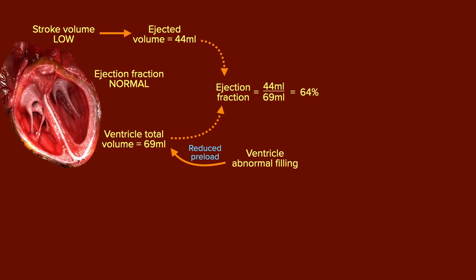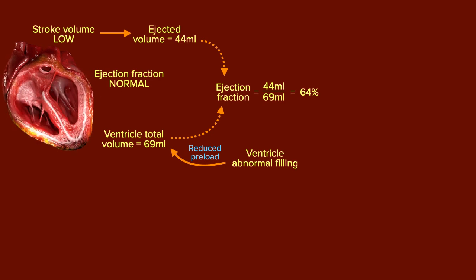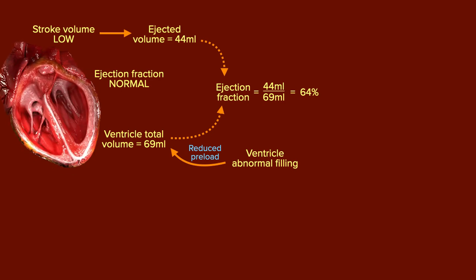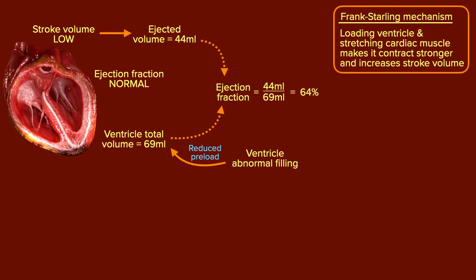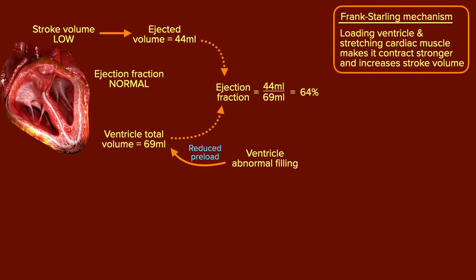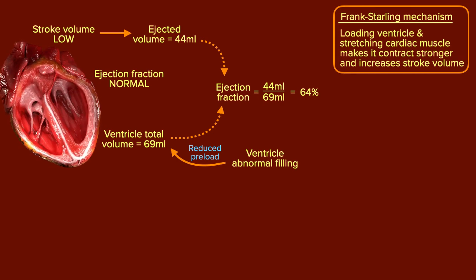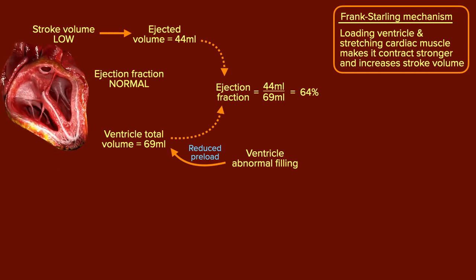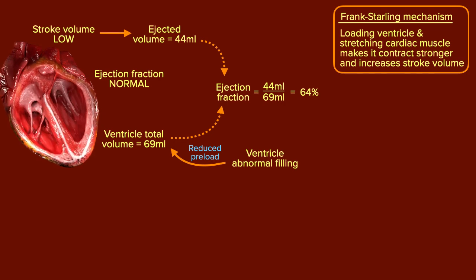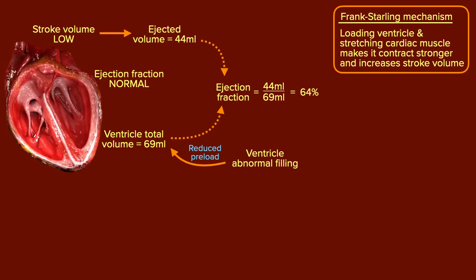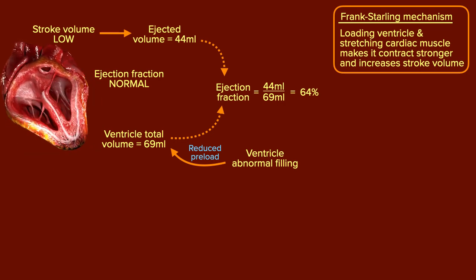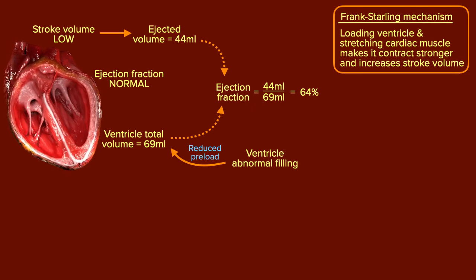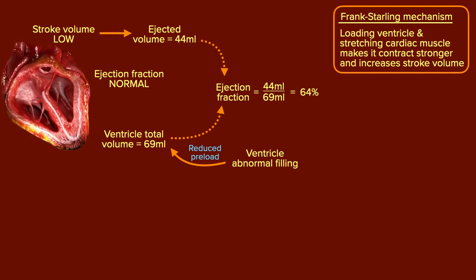So an important relationship between systolic and diastolic function is the Frank-Starling mechanism. This basically shows that loading up the ventricle with blood during diastole and stretching out the cardiac muscles makes it contract with more force. Right? So this increases the stroke volume during systole.